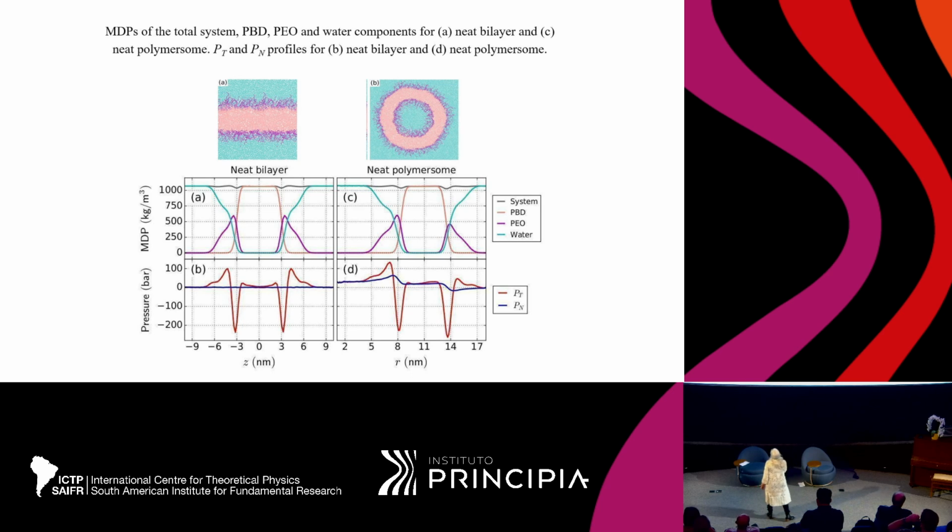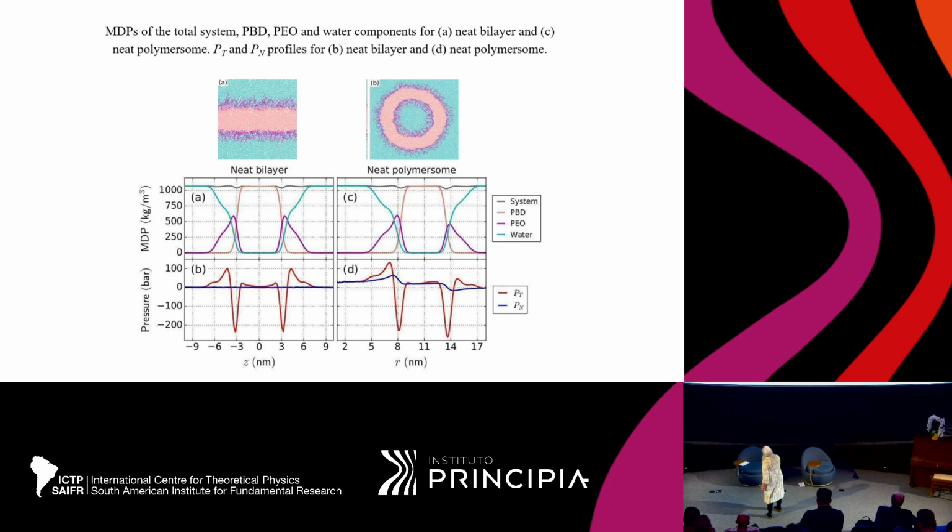Here we compare the mass density and the pressure profile. We see here that the normal pressure essentially didn't change.